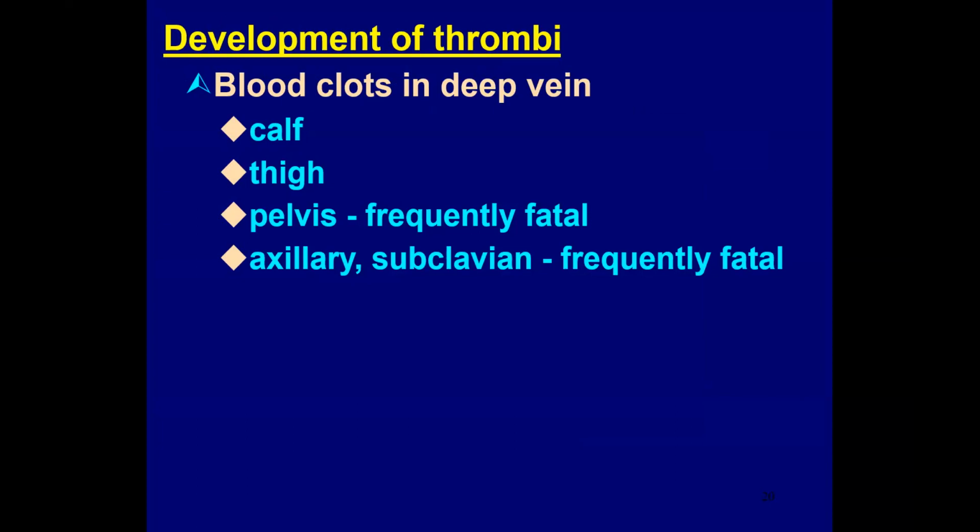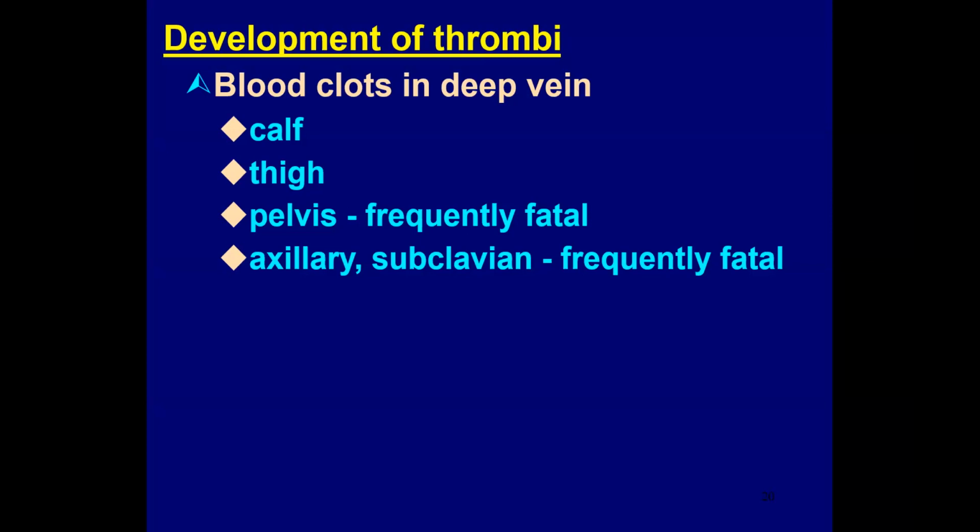So how do thrombi develop? Remember, it all has to start with thrombi. Blood clots in the deep vein is where thrombi develop. These can be in the calf, the thigh, the pelvis, and thrombi that develop in the pelvis produce emboli that are frequently fatal.